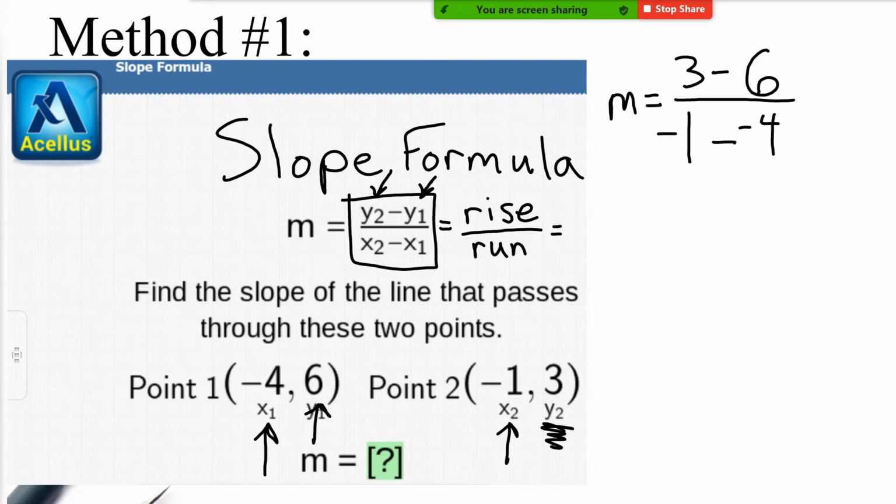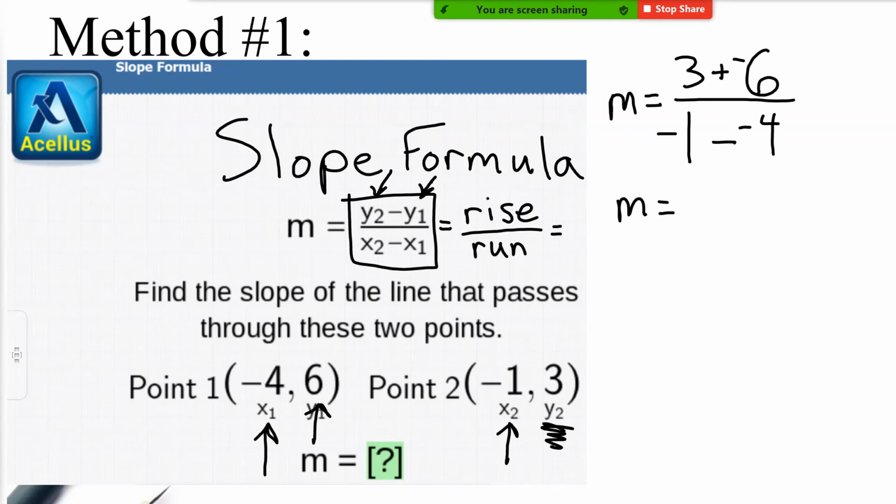Now notice that we have to remember our 6th grade math. This is called the addition and subtraction of integers. Now, dealing with positive and negative numbers is a real thing in the world, whether that's elevation or temperature or money. Positive and negative numbers exist, and we have to know how to deal with it. 3 minus 6 is the same thing as 3 plus -6.